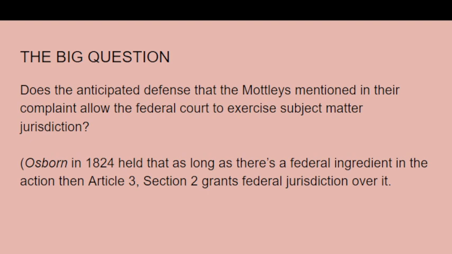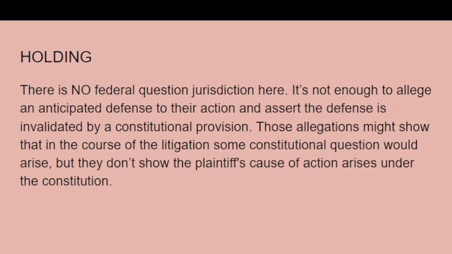So what does the court say? Well, they hold that there is no federal question jurisdiction here. It's just not enough to allege an anticipated defense to their action and assert that the defense is invalidated by a constitutional provision. We needed to see something that invoked federal question jurisdiction in the complaint.